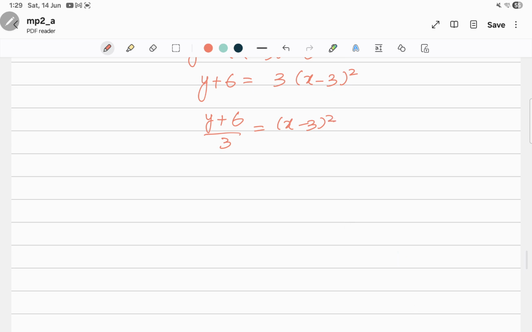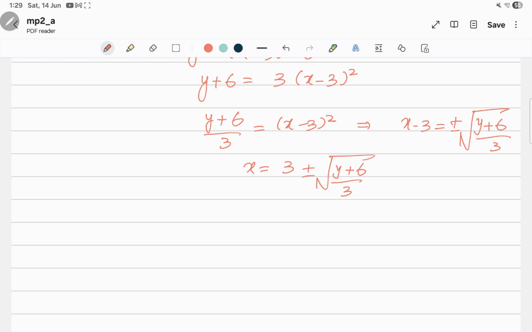If you apply the square root on both sides, then x minus 3 equals plus or minus the root of (y plus 6) over 3. If you take minus 3 to the right, then x will be 3 plus or minus the root of (y plus 6) over 3.